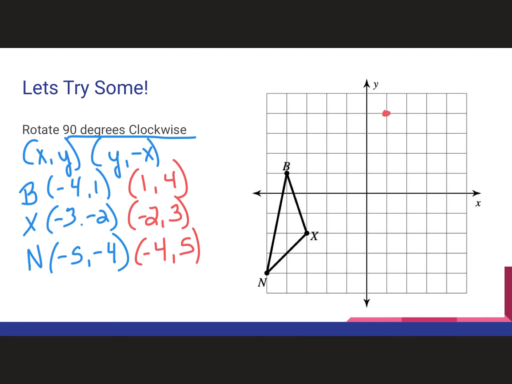The point (-2, 3) is right here. And the point (-4, 5) is right here. So this is the image of N, this is the image of X, and this is the image of B. Again, I just connect them, and I have my rotation. It looks like I just turned it 90 degrees clockwise.